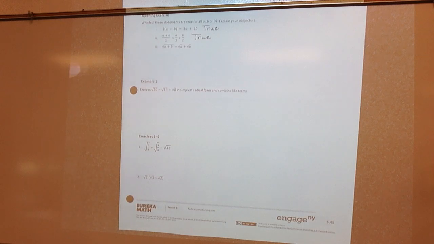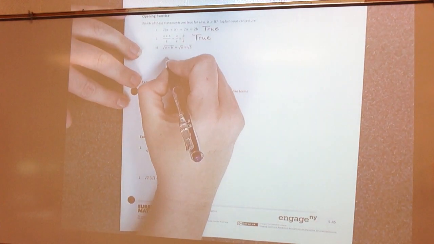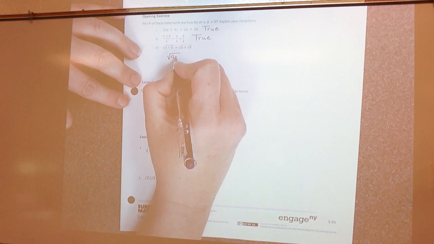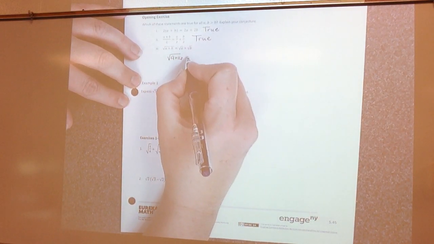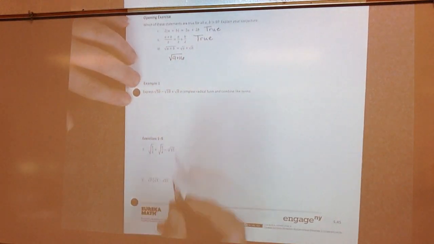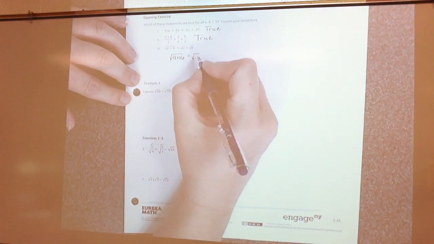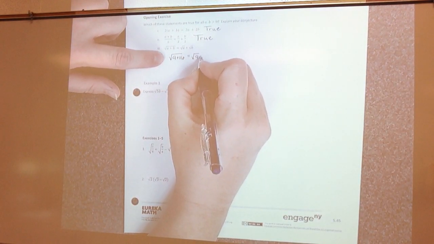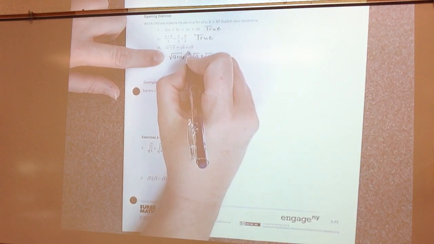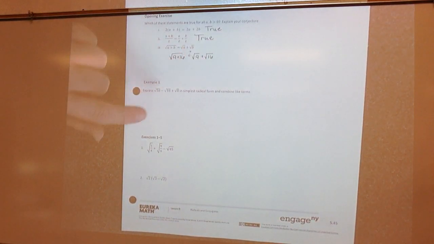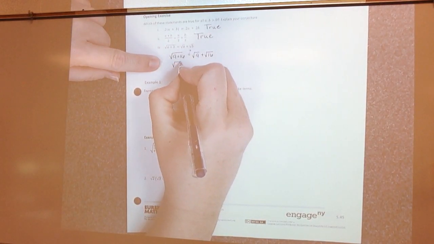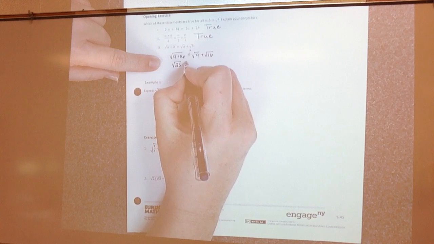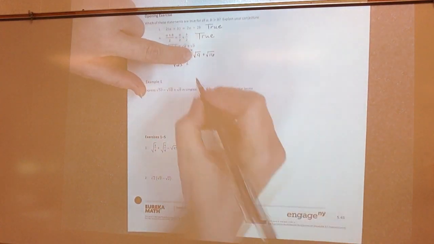Let's say that I want to do the square root of 9 plus 16. Alright, so that would say the square root of 9 plus the square root of 16. And I'm going to put that question mark above there because I don't know if it's true yet or not. Alright? So, square root of 9 plus 16 is the square root of 25. The square root of 9 is 3.